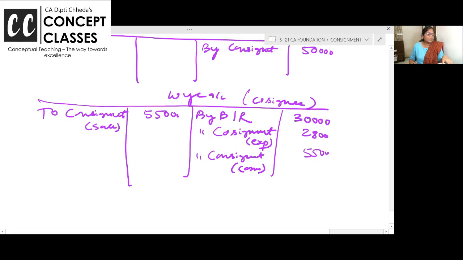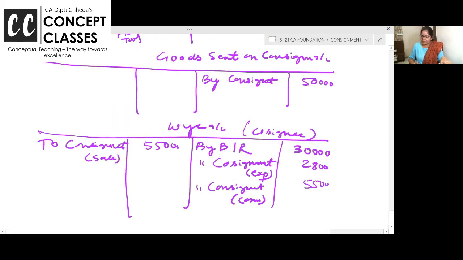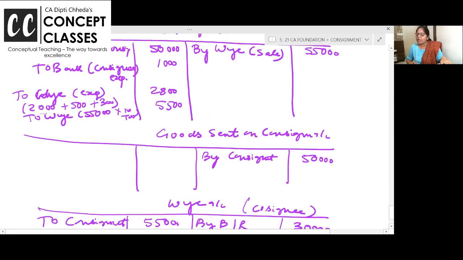One of the customers turned insolvent and could not pay 600. 600 rupees are bad debt. To Y, why bad debt? You write, I'll tell you the reason.